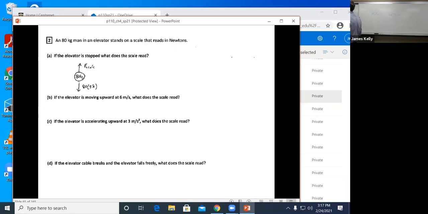So again, it seems like we're concerned about the person, right? The person is pushing down on the scale, but the scale is also pushing up on the person. If we want to know what the scale reads, you might think, well, I want to know the force on the scale. Scales are calibrated, so whatever force is pushed down on them is what they're supposed to read.